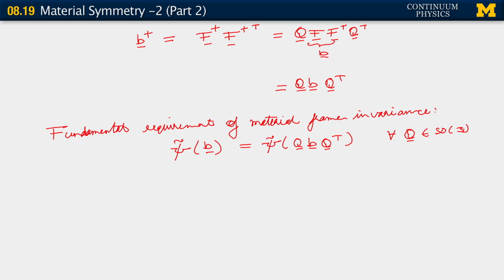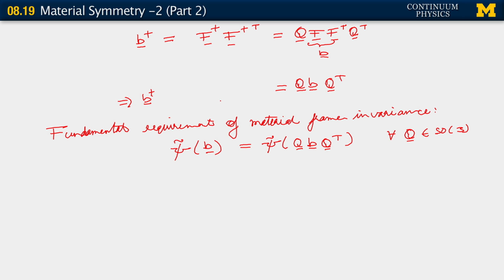The reason this shows up is that unlike what happens with our right Cauchy-Green tensor, which did not care how we were rotating the current configuration, this deformation tensor does care, right? B does care how we're deforming the reference, what we're doing with the current configuration. And so we observe that B plus is indeed related to B in this fashion.